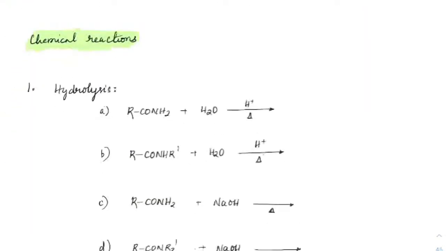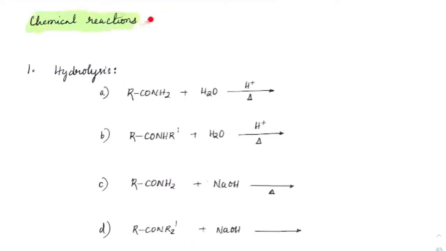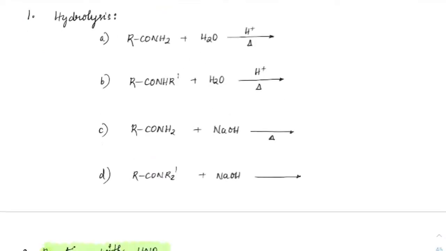Right. Now let us see about chemical reactions in amides. First, we'll start with hydrolysis. If we add water, we know that all the acid derivatives on hydrolysis must give acids. So we will get this as RCOOH plus NH4 plus.